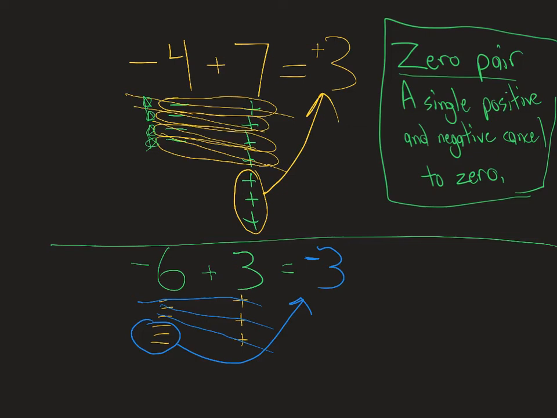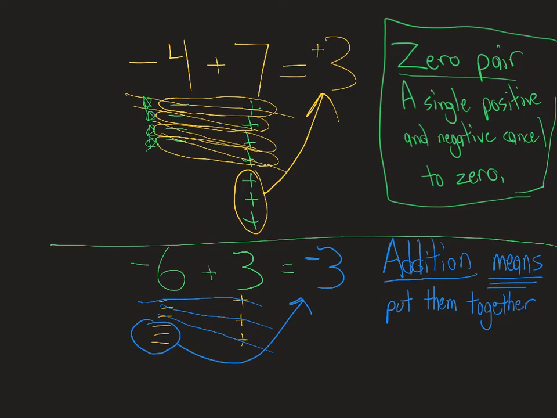And I want to point out as well, even though it says add, the symbol is addition. What it really means in this situation, put them together. Some folks might get confused because they hear add, and how the heck can a 6 and a 3 add to a 3?